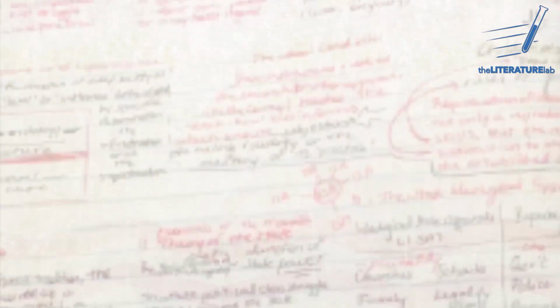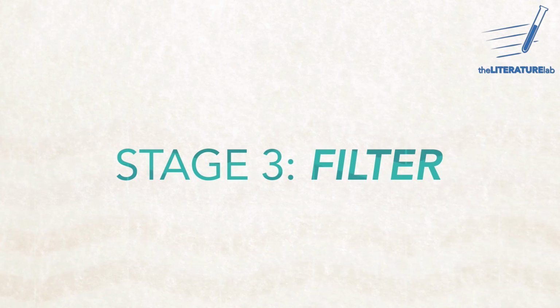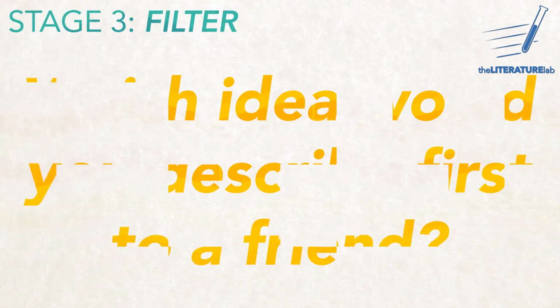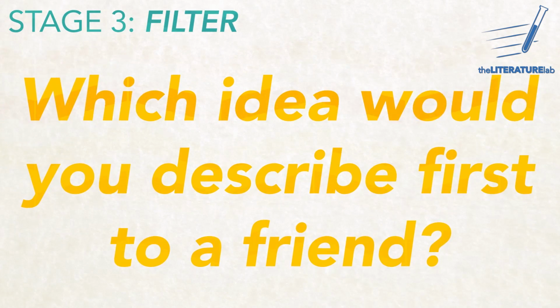By the end of stage 2, you should have a page full of notes. Stage 3 is about connecting ideas in those notes together and figuring out if they fit with each other or if they compete with each other. Do some of those ideas lead to other ideas? If you were describing them to a friend, which idea would you start with?